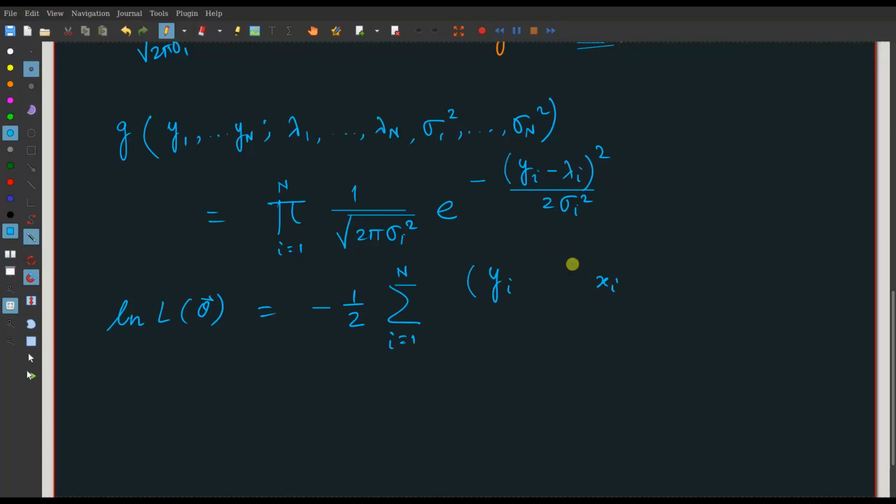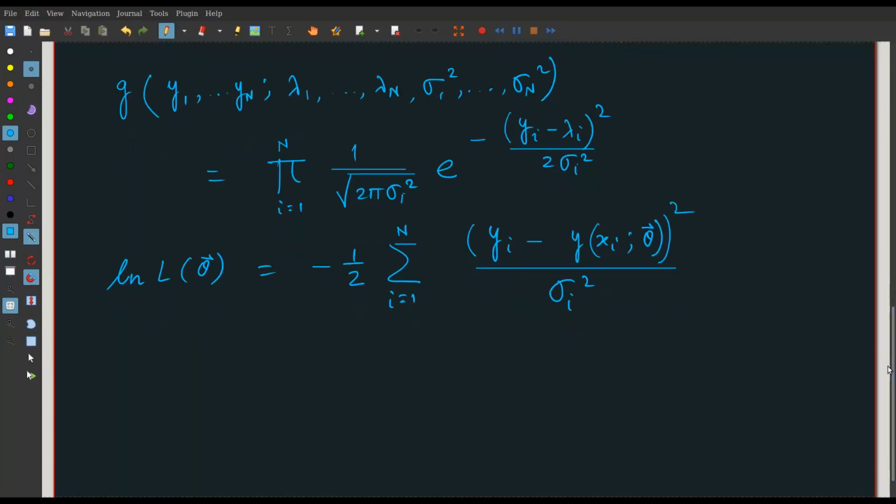Let's say y at xi and theta, this whole square, divided by sigma i square. Now, ideally, I should maximize this log likelihood.